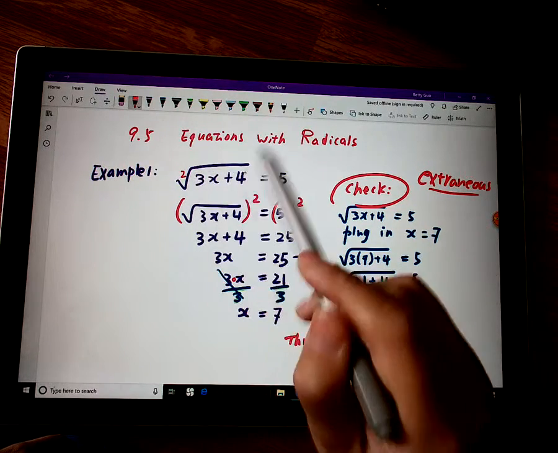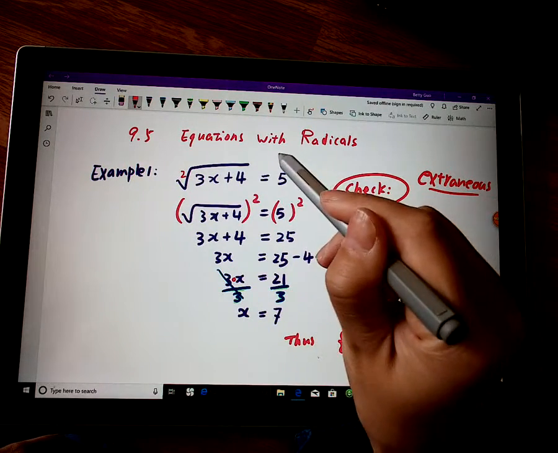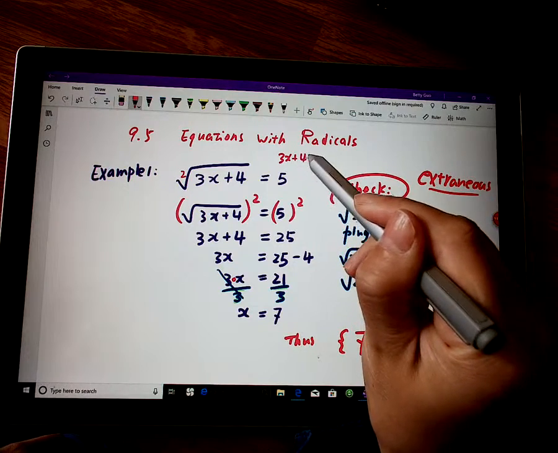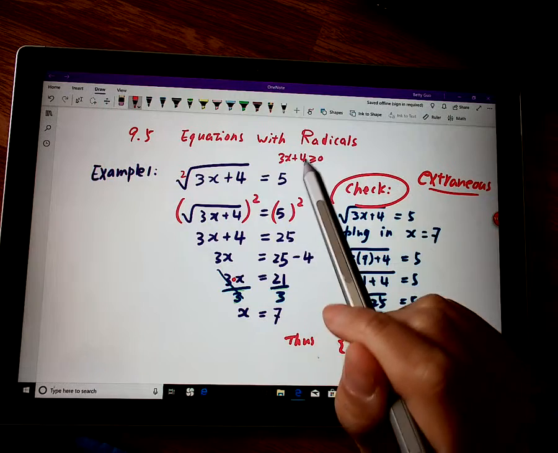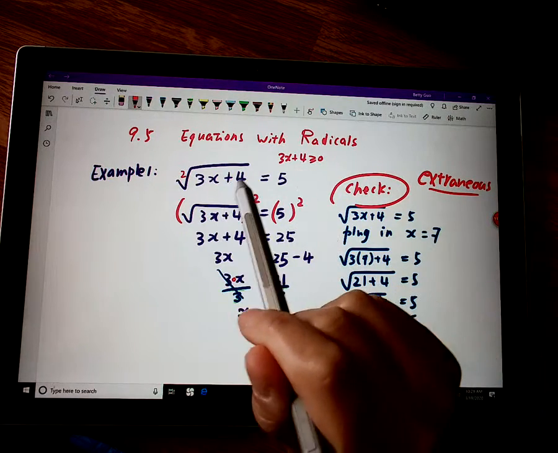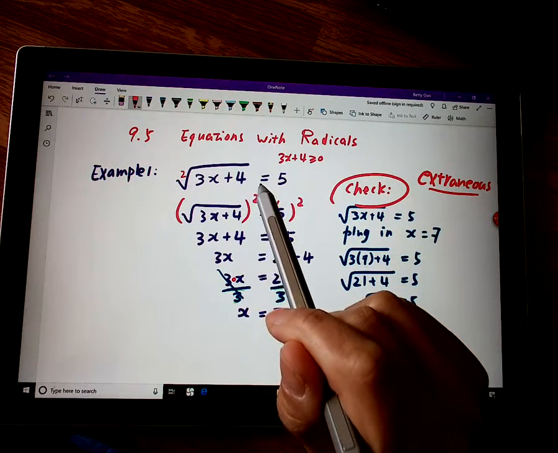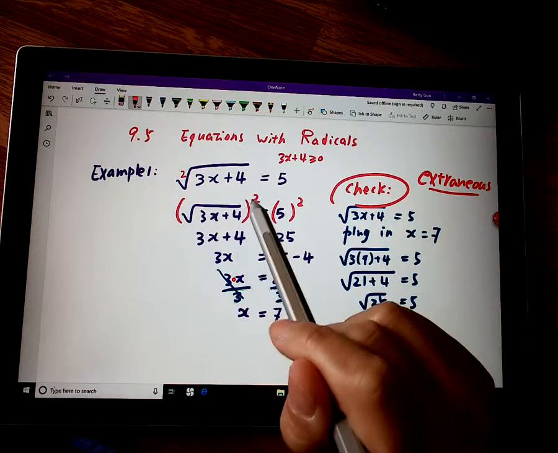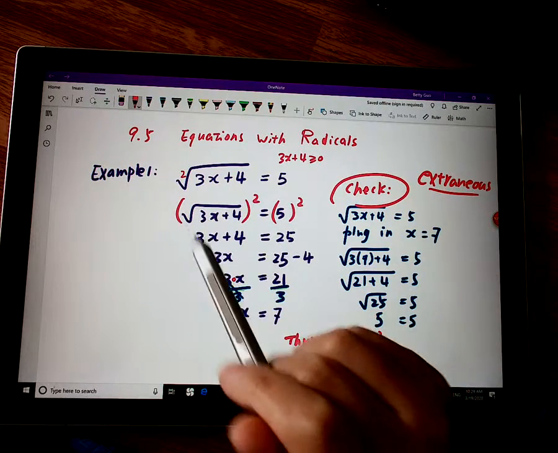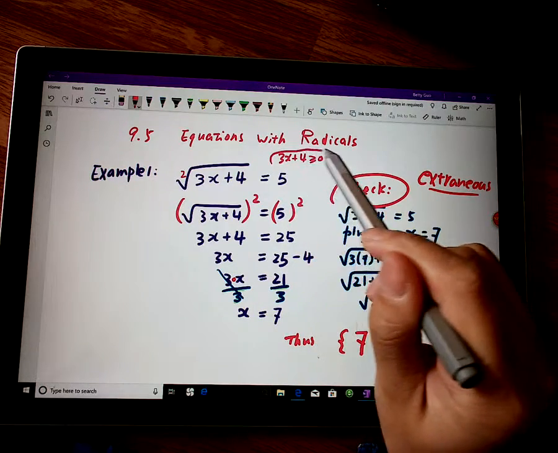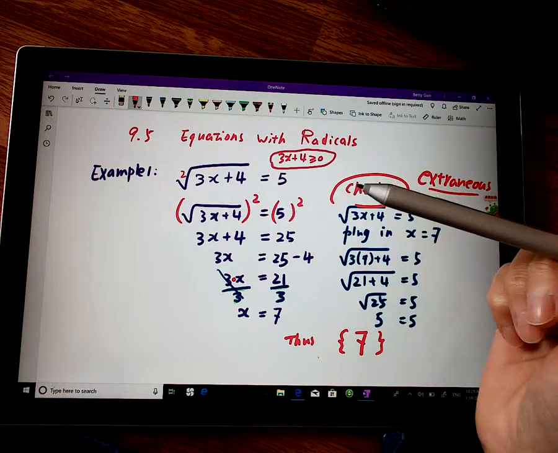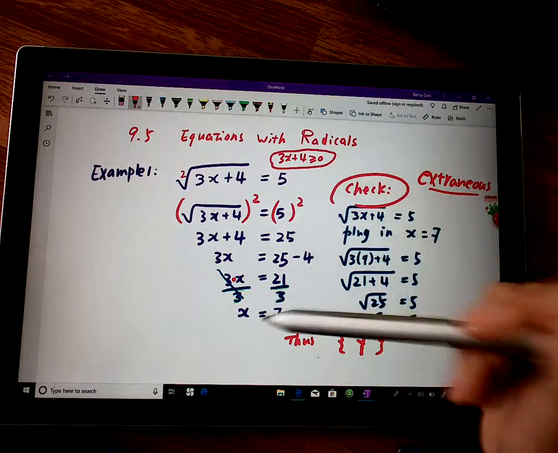So the radical must be bigger than or equal to 0, right? 3x plus 4 must be bigger than or equal to 0. We have this restriction in the original equation. However, when we square both sides, when we removed the radical, we also removed the restriction. You know what I'm saying?